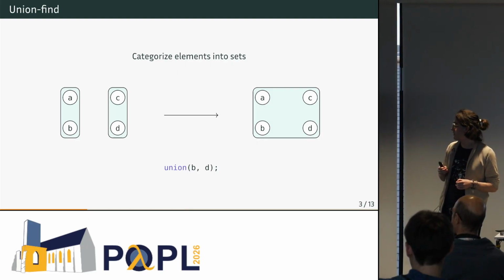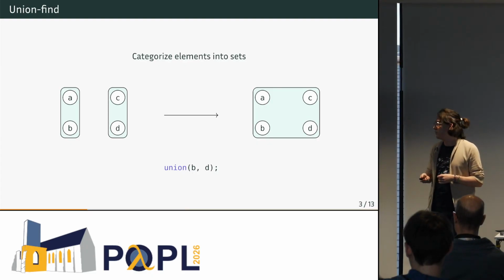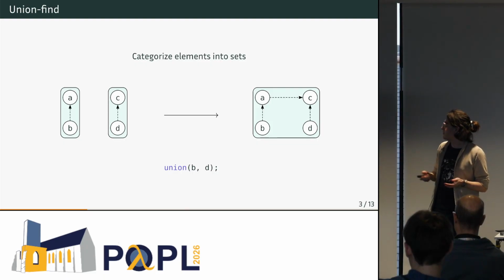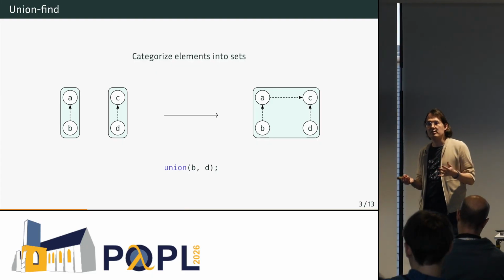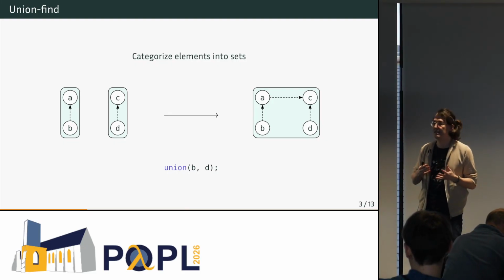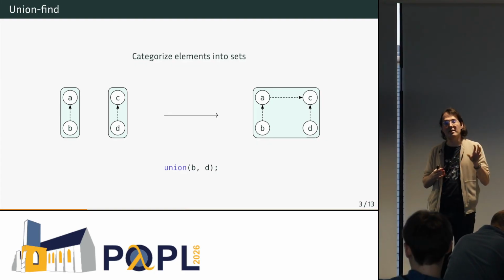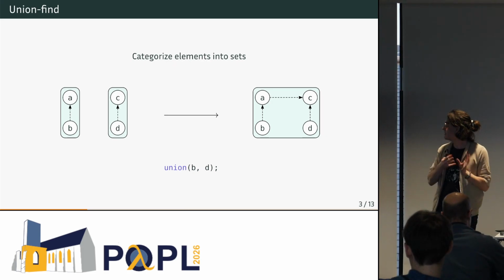So here we could union B and D to get this full set of the 4 elements. And you could implement that with pointers by saying that B points to A, D points to C, and the union just changes the pointer, and so the sets are represented by a single element by following the pointers. So when you follow the pointer, you get the set that they belong to.